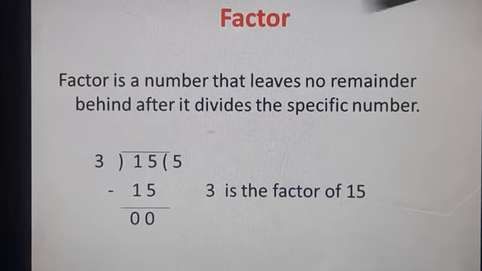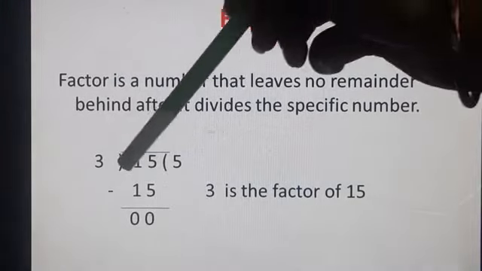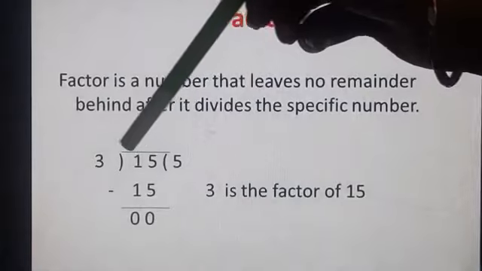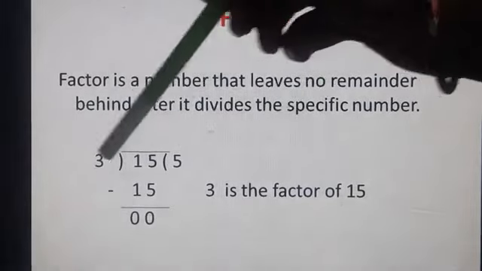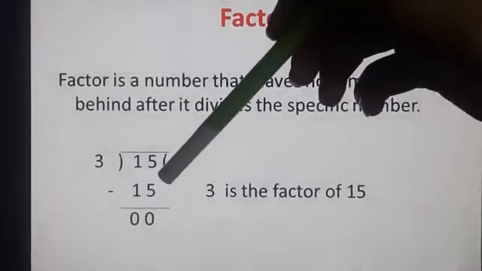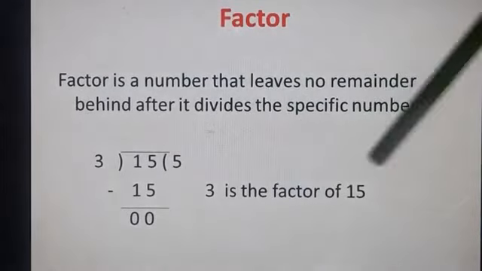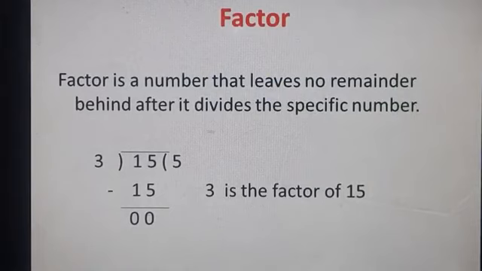Let's understand through this example. 15 is a specific number given to us, and we are dividing it by 3. 3 fives are 15, no remainder is left, so 3 is a factor of 15. Understood?